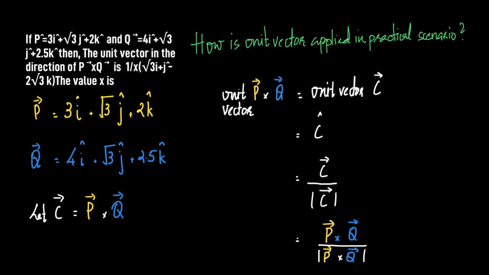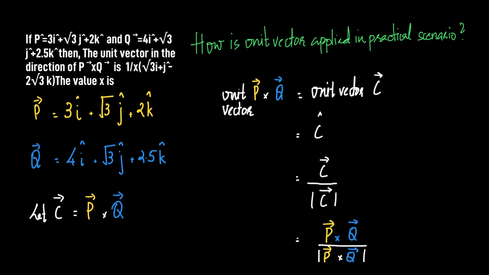Now, given vector P is equal to 3i plus root 3j plus 2k, Q is equal to 4i plus root 3j plus 2.5k, let vector C is equal to vector P cross vector Q. This is not given in the question, I've just made it for ease of explanation.